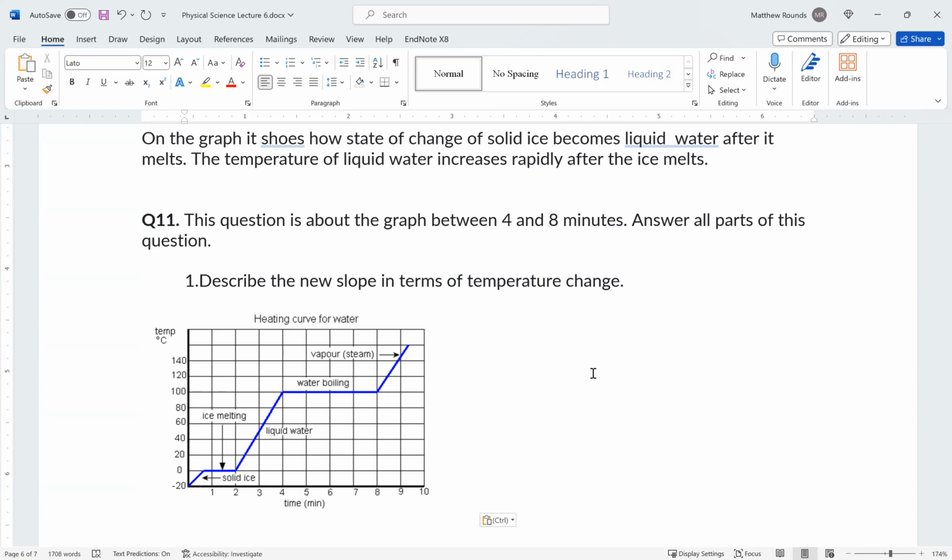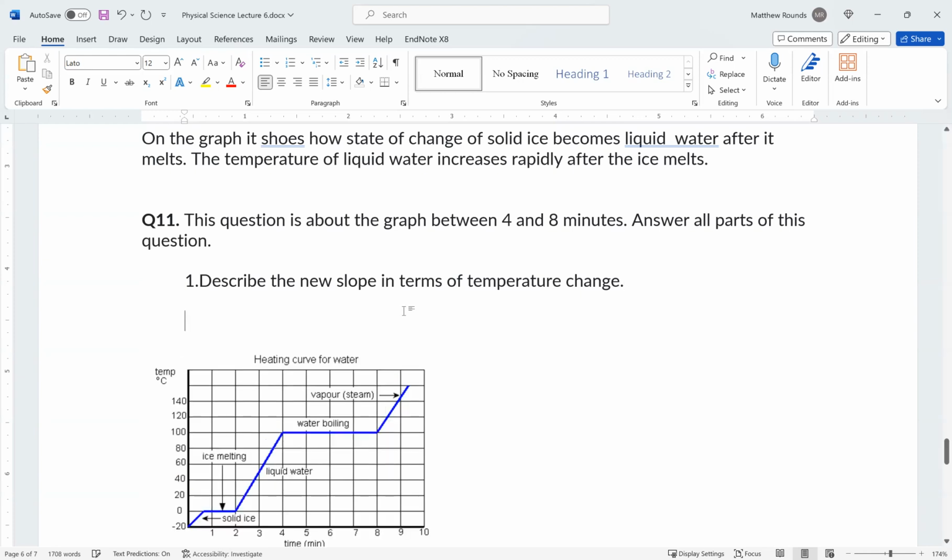I can't say straight line because all of them are straight lines, but it's a very long line. In my opinion, I think it's the second longest line on the graph. Length doesn't really matter. What did we say about the slope in this ice melting region? It starts at 0 because it's a horizontal line. Yes, the slope is 0. So there's actually no temperature change.